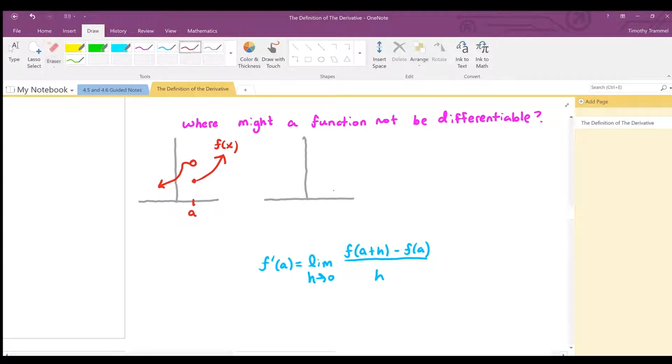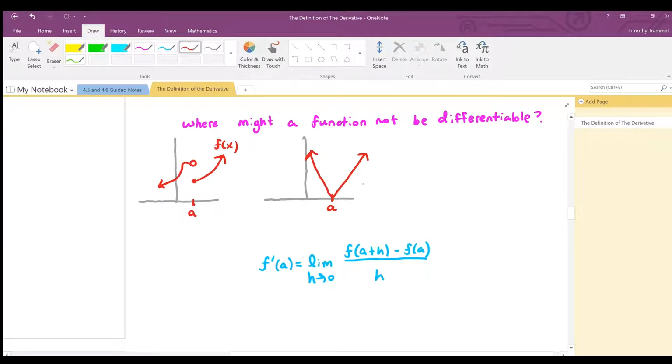Let's sketch this in red here. All right, so another place is at sharp corners. So like an absolute value function, it has a sharp corner at that vertex.